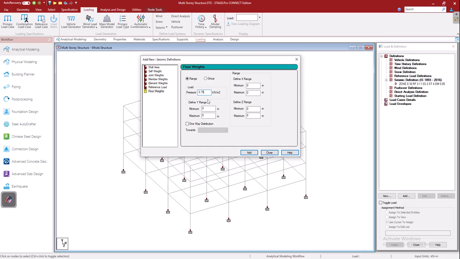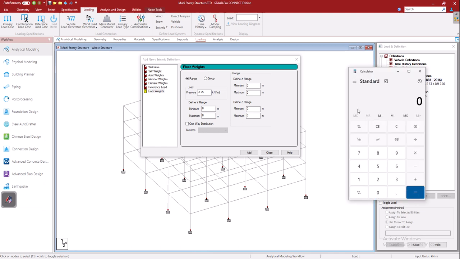How did I calculate this? It is 0.15 times 1 meter in length and 1 meter in width, times density, which gives 3.75.